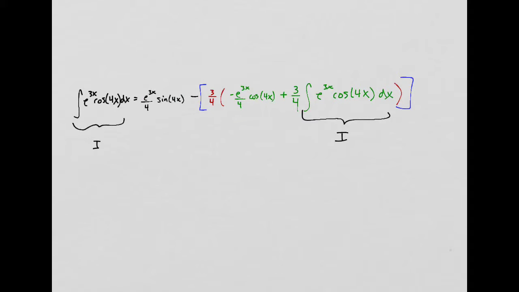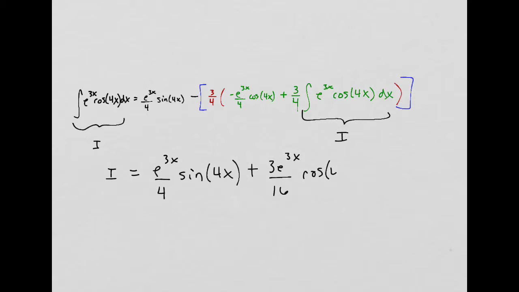So really what I have is an equation. I equals e to the 3x over 4 sine of 4x. This takes a lot of patience. And then I'm going to distribute things. So I would get positive 3e to the 3x over 16 cosine of 4x.